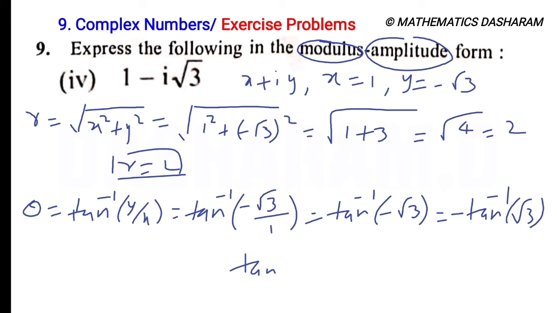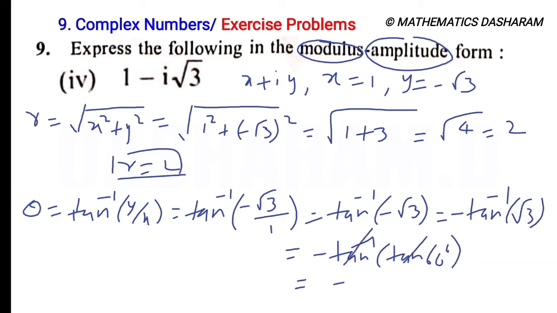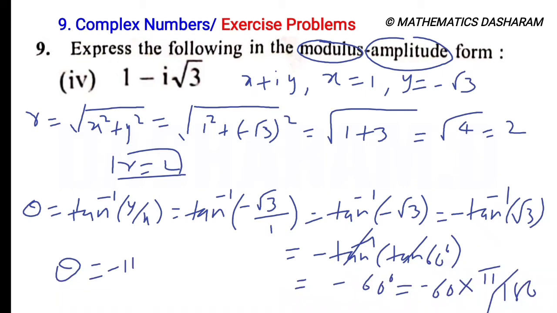But root 3 has the value that is 60 degrees. So tan inverse and tan are cancelled. So minus 60 degrees. Minus 60 multiplied with pi by 180, then the theta will become minus pi by 3.